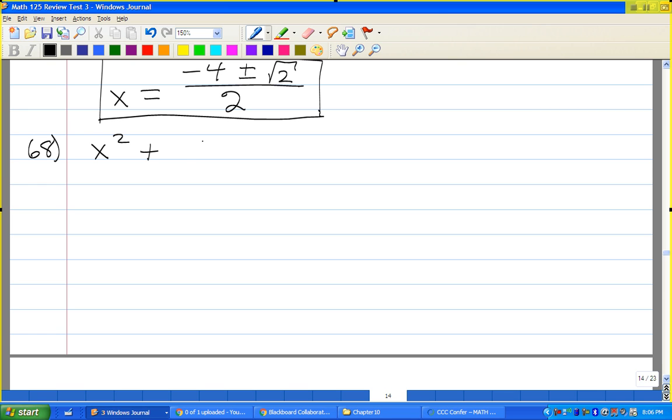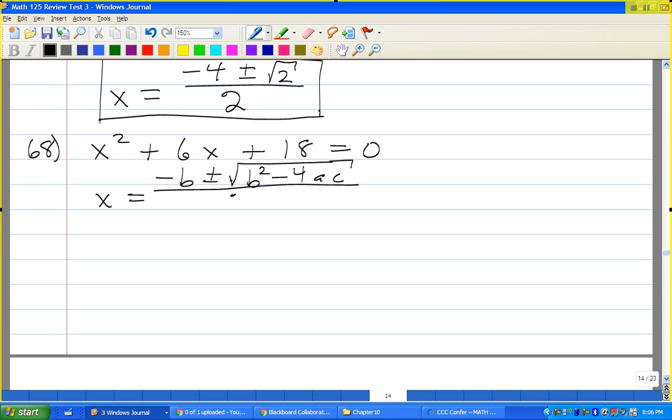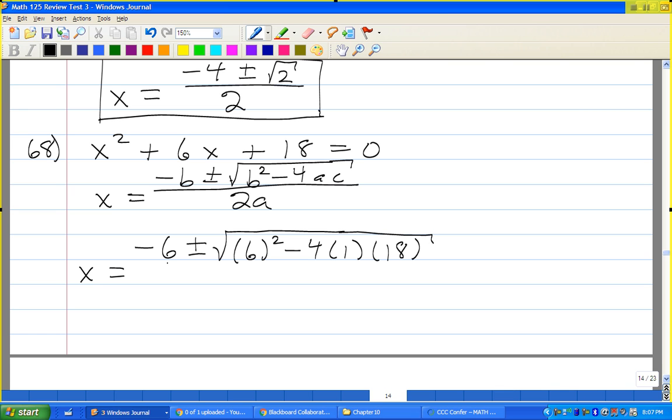So let me use the quadratic formula. x is equal to negative b plus or minus the square root of b squared minus 4ac all over 2a.